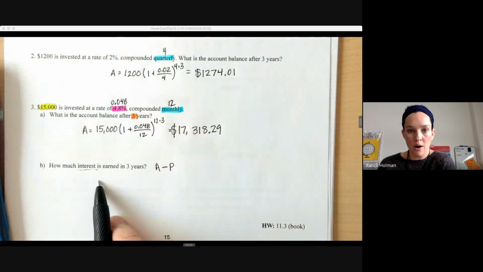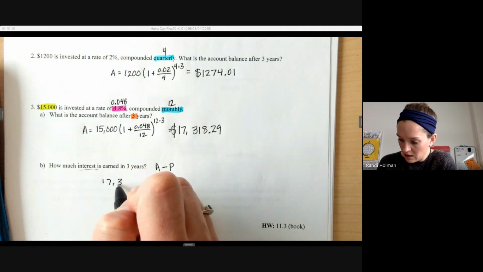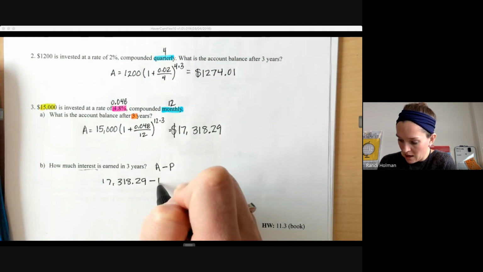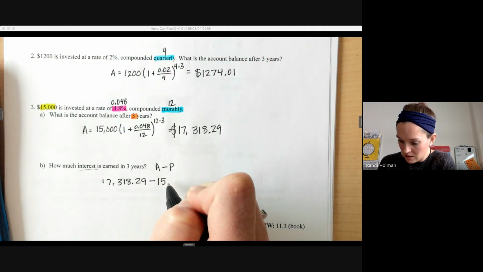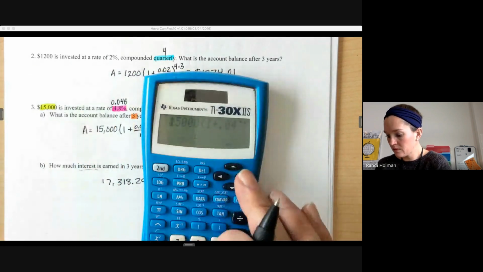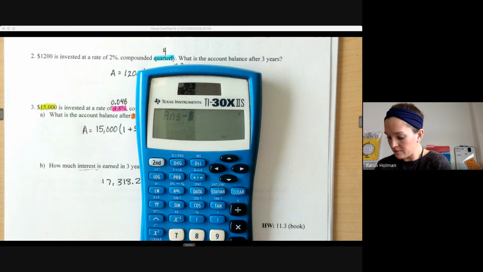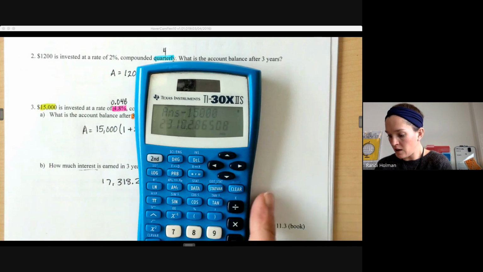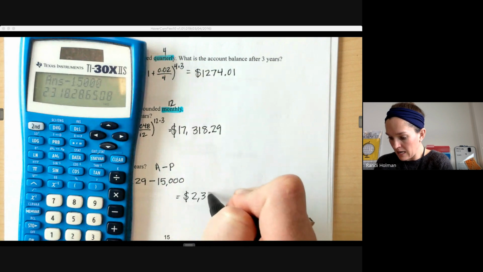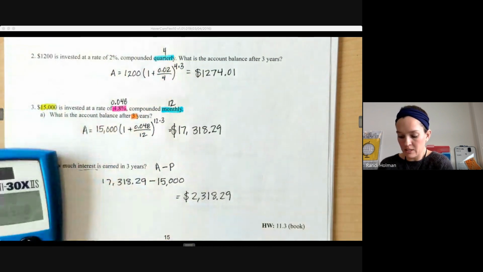Okay, which means if we want to know how much interest earned, I'm just going to do that number, $17,318.29 minus that 15,000 that we started with initially. And subtract 15,000. And we get that we earned $2,318.29 on that principal that we invested.